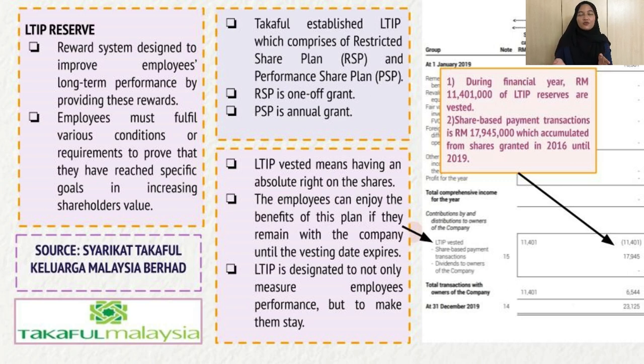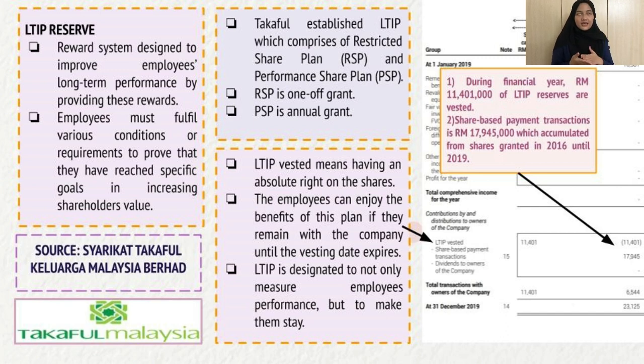Employees must fulfill certain conditions or requirements to prove that they have reached the specific goals in increasing shareholders' value. So based on Note 15, Takaful established LTIP reserve, which comprises of two, which is a restricted share plan and also a performance share plan.